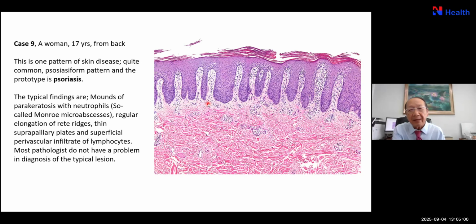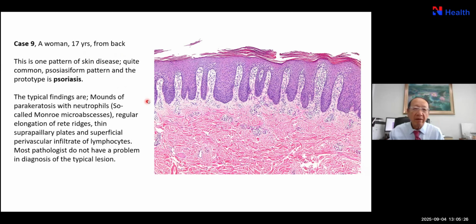Now, the patterns of inflammatory response, I will show you just one. This is case 9, a woman 17 years old, from the back. The pattern is psoriasiform pattern. The prototype of this pattern is psoriasis.